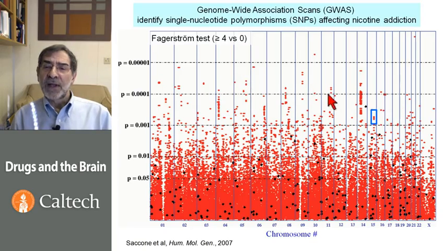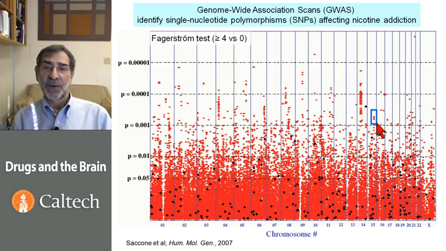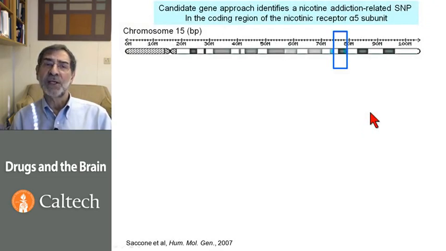The area that I've drawn a blue box around is not the highest in the particular study noted here, but this area has been replicated now in many studies, in many groups, for many aspects of nicotine addiction. And as you'll see, it's an extremely interesting part of the genome. So let's look in more detail at this area. Now we pass from a GWAS approach to a candidate gene approach, where researchers are pretty sure that this gene is interesting, and so they wish to study it more carefully.